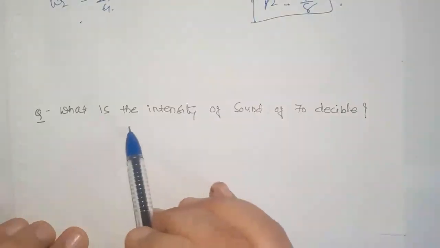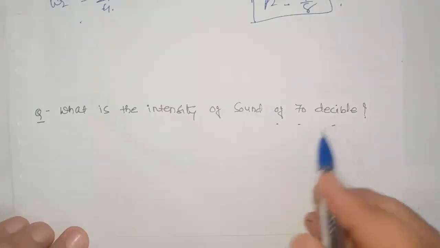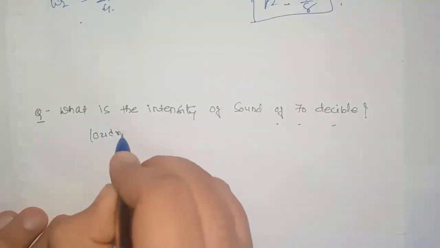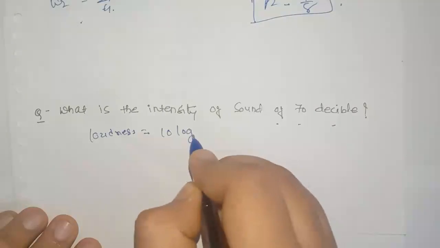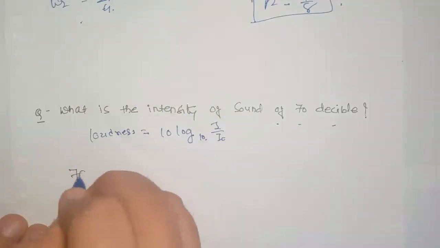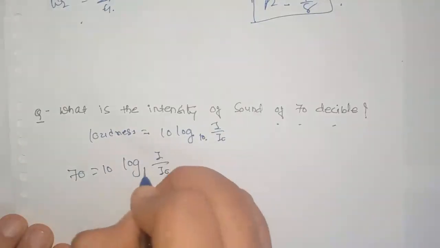This will be the new rate of power transfer in terms of P1. What is the intensity of sound of 70 decibel? Here the loudness is 10 log of I by I naught, base 10. So 70 is equal to 10 log I by I naught, base 10.